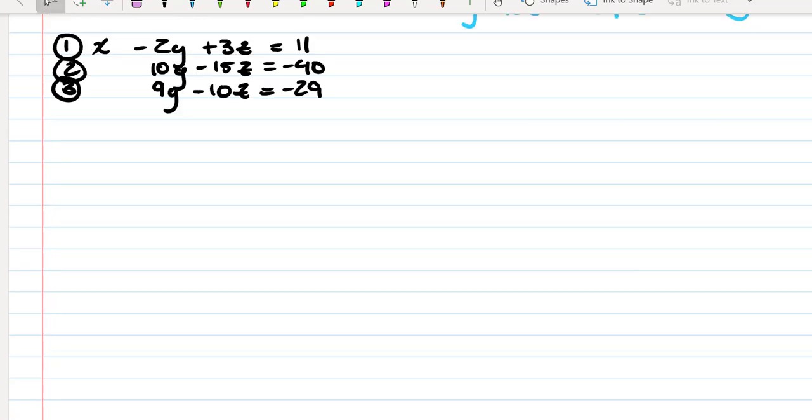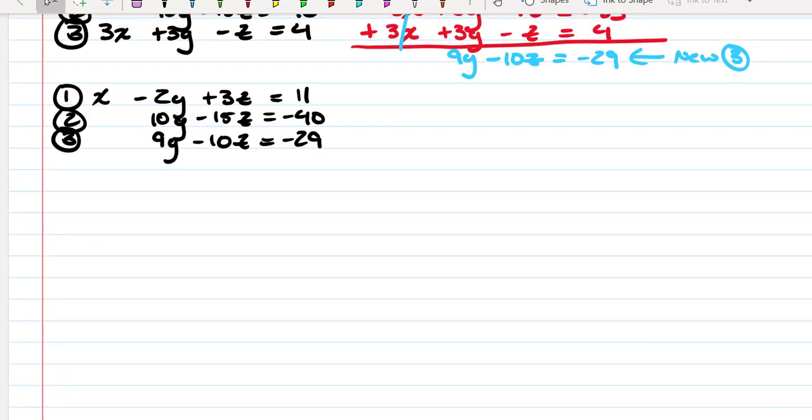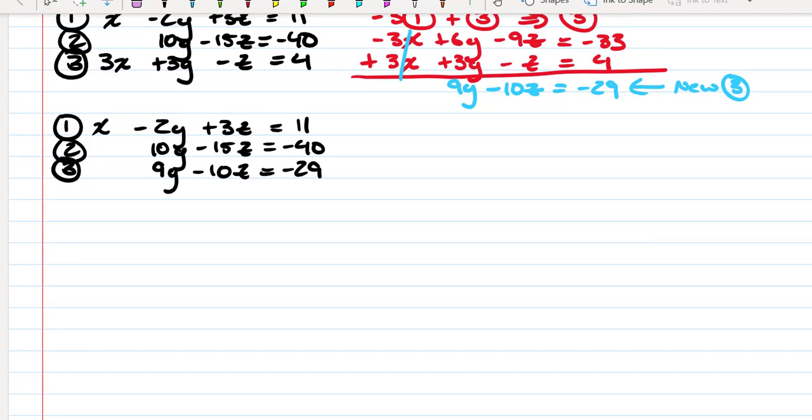We need to eliminate y in equation 3, and this time we don't have 1s, we have a 10 and a 9. So what is the least common multiple of 10 and 9? 90. So when we do our elimination this time, I'm going to do negative 9 times equation 2 plus 10 times equation 3 to replace equation 3.